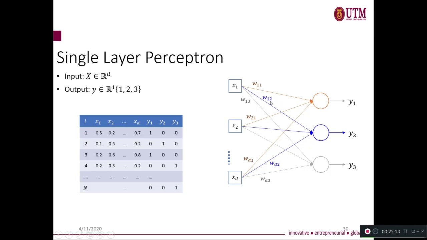So this is W12. Meaning that this link or this weight represents the link between your input x1 and neuron number 2 at the output layer.